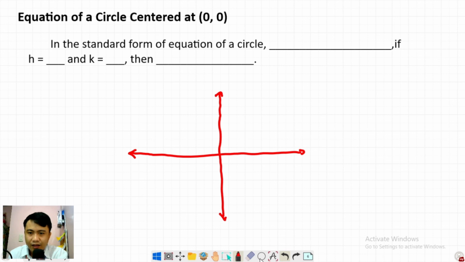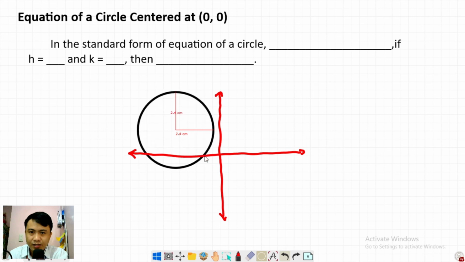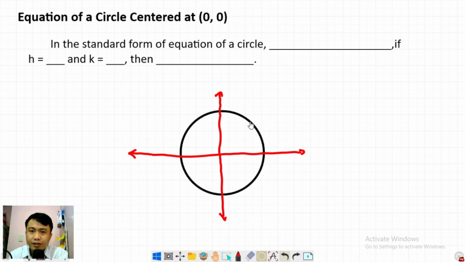Okay. And again, another circle. Buti na lang may ganitong circle, no? Maganda yung pagkakabilog. Ang center po niya ay nasa (0, 0).